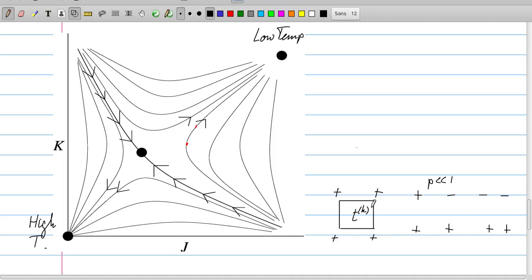And so the t_K's are more strongly +1 than the s's are. That means that we are moving towards lower temperature, and that explains the direction of these arrows. If we are close to the low temperature phase, renormalization will make the system only lower temperature, only more low temperature.